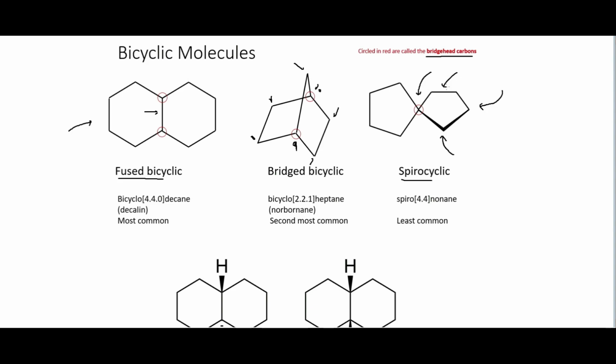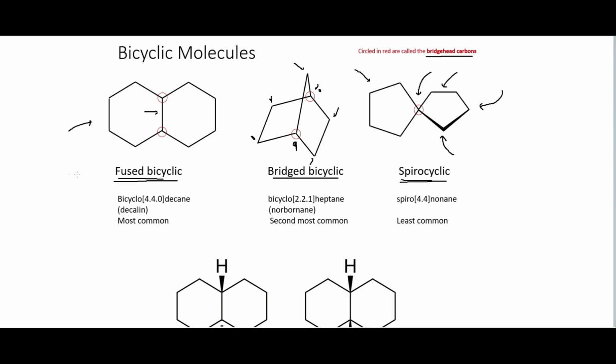These will be sticking into the screen, where this ring right here is sort of flat with the screen. And so these fused cyclic alkanes here are going to be the most common ones we see. These bridged ones are a little bit less common, and then these spirocyclic are the least common.